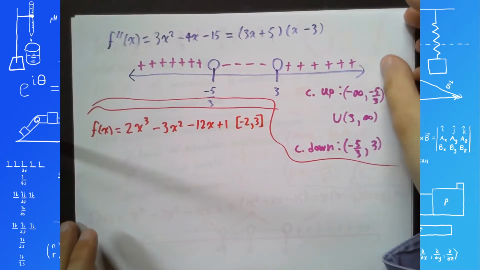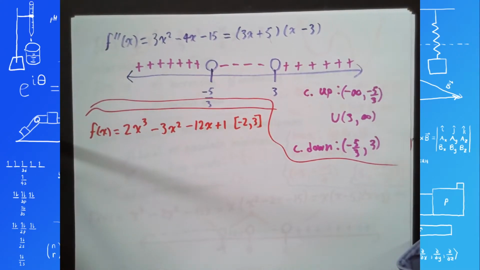Unless you have vertical asymptotes, whenever you've got a closed interval, you are guaranteed to have an absolute minimum and absolute maximum value. This is a polynomial, so we're not going to have asymptotes. So we are guaranteed for this problem to have an absolute maximum and an absolute minimum. Okay, so let's go ahead and find them.